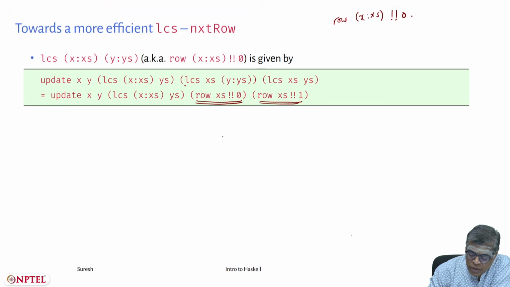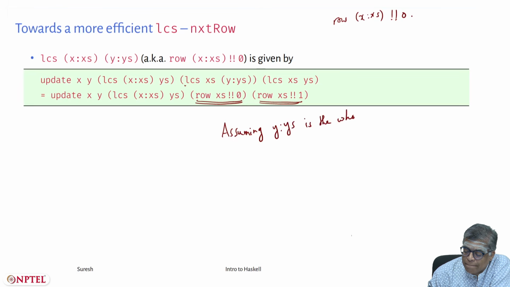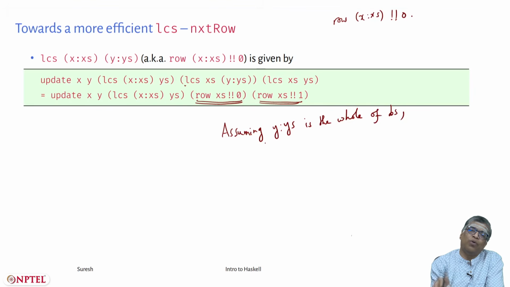and so this is assuming y colon y's is the whole of b's. Then we are doing this, and then we will extend this logic for the general recursive calls. So then of course this is rho of x's at 0, rho of x's at 1, that is these two values.